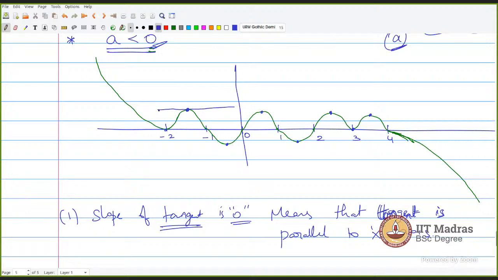Parallel to the x-axis means that particular line has slope 0. So we asked you how many such points are there such that the slope of the tangent at that particular point is 0. So simply you have to find how many such turning points are there.